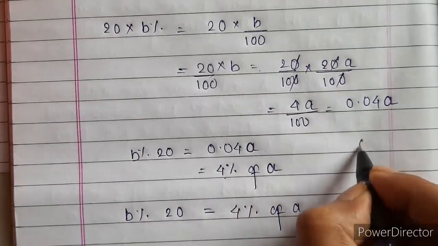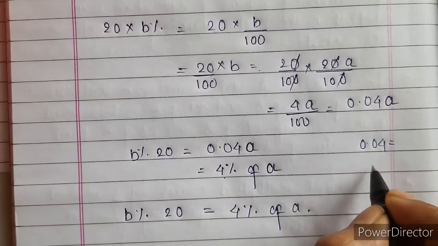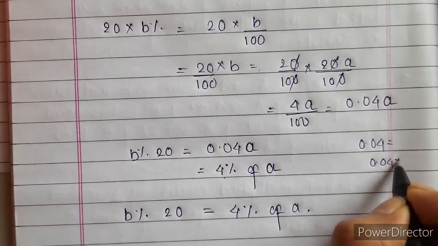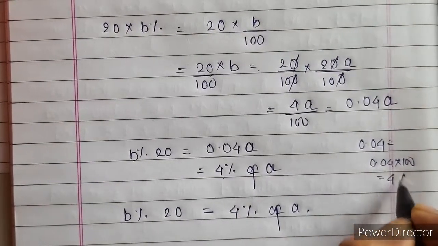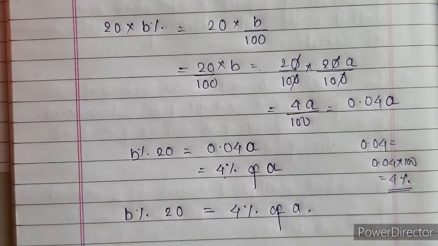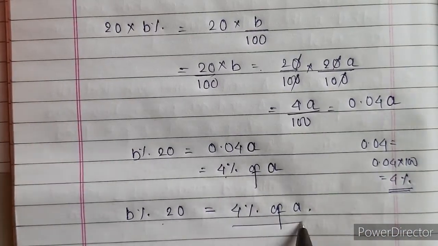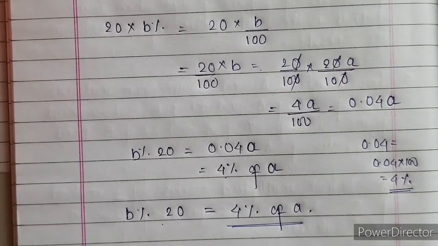So 0.04 multiplied by 100 is 4%. So B percent of 20 is nothing but 4% of A.